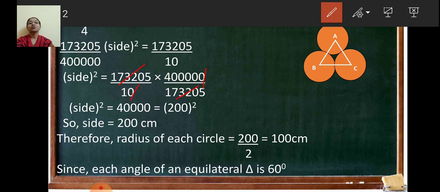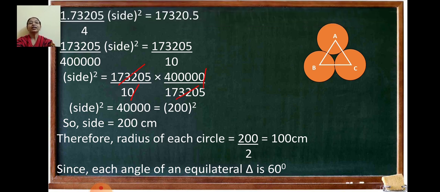Now on taking square root both the sides, so side is equal to 200 centimeter. Right? Therefore, radius of each circle. What is given? The radius of each circle is half the length of the side of the triangle. So let us divide this 200 by 2. So you will get radius as 100 centimeter.